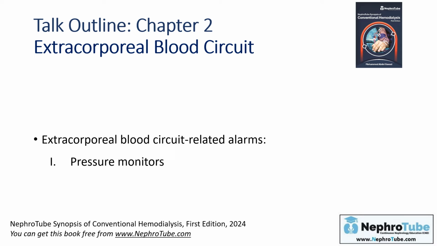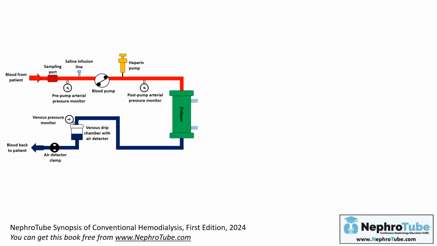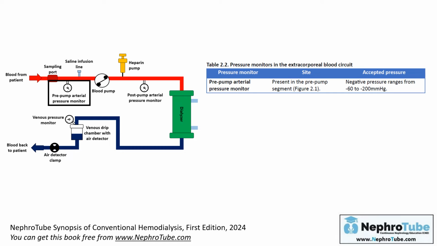Starting with the pressure monitors. First of all, what are the pressure monitors, where are they present, and what is the normal range of pressure in each of them? First one, as we mentioned in the first slide, is the pre-pump arterial pressure.